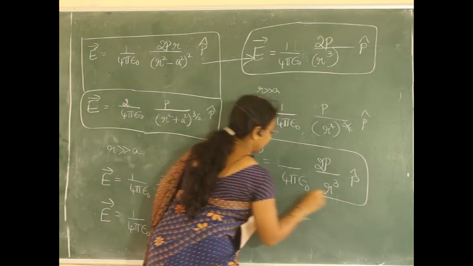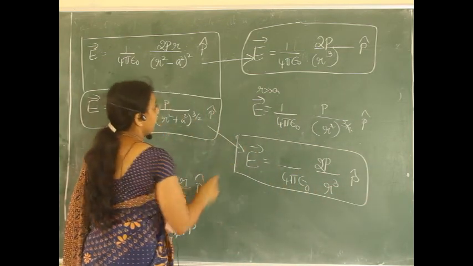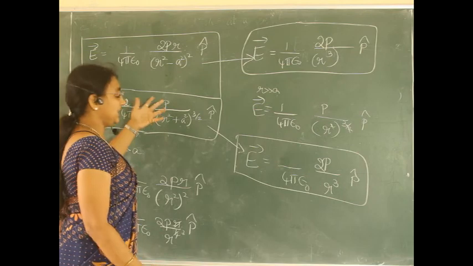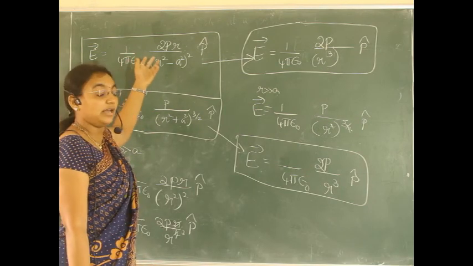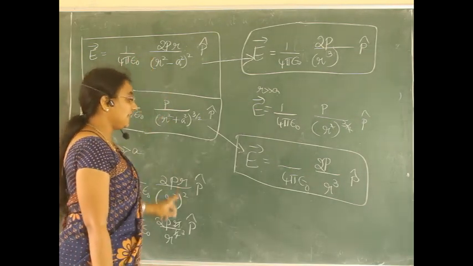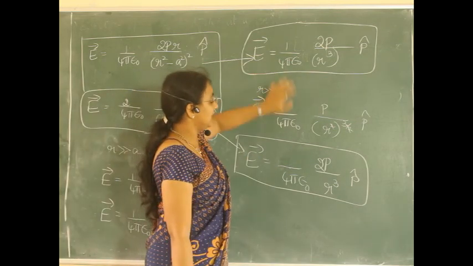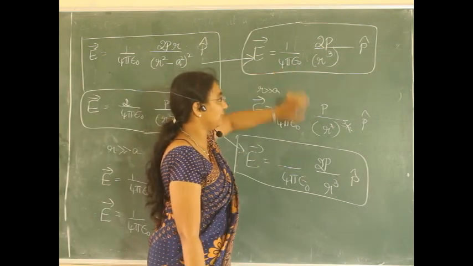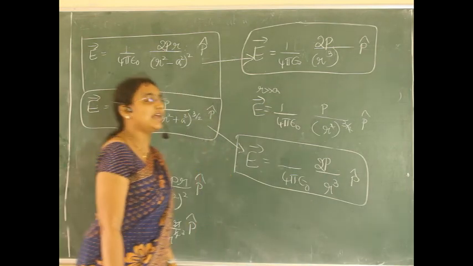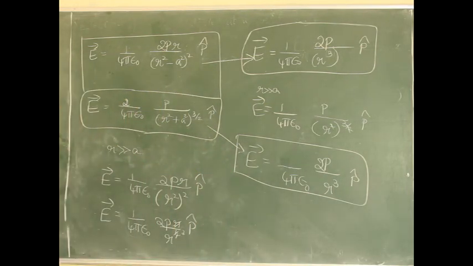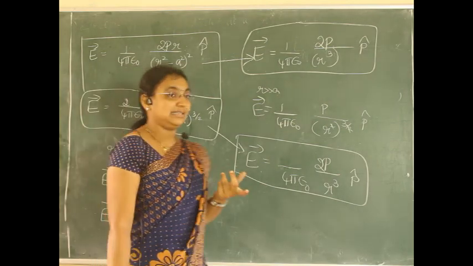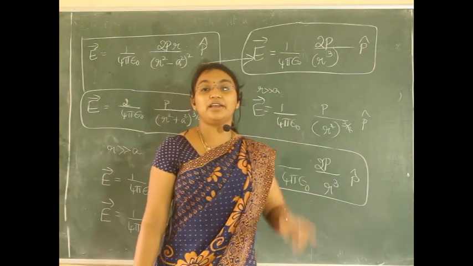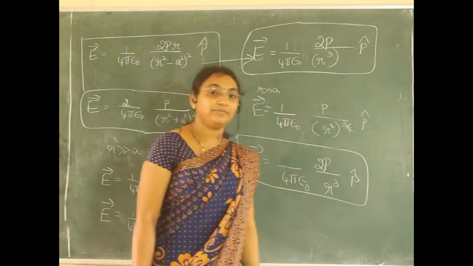So now look here. Whether it is in the equatorial plane or in the axial line, if R is greater than A, compare here, the expression for both is the same. That is because R greater than A means the separation of the dipole is very small compared to the point where we are going to find the electric field.